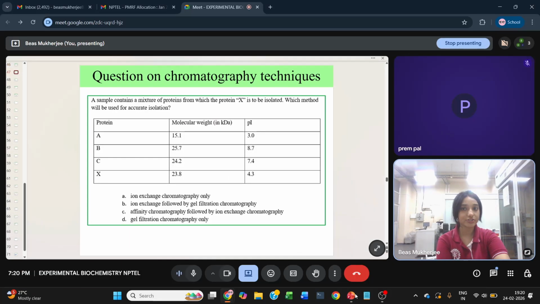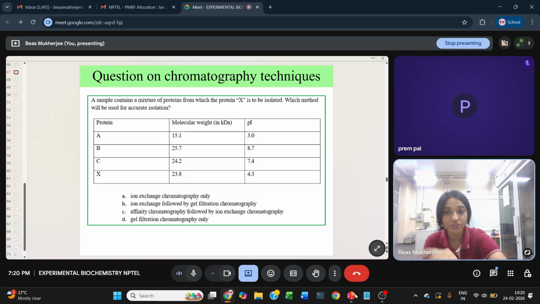Then we have another question. A sample contains a mixture of proteins from which protein X is to be isolated. Which method would be the accurate isolation method? So see, molecular weights are given and pI is given. So for which of the proteins are you going to do separation based on isoelectric point, and which proteins are you going to do separation based on gel filtration chromatography?